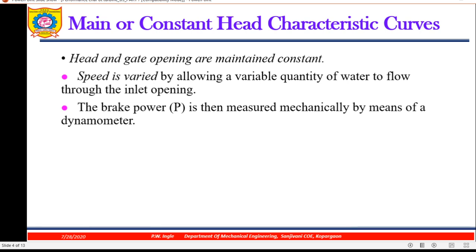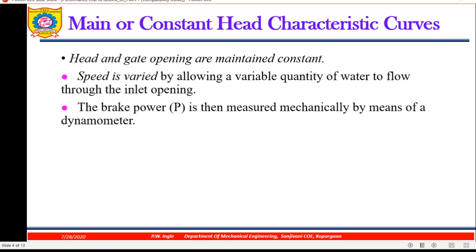So if you maintain 25% opening, then only 25% discharge of water is entering the turbine, and then you go on adding load from 0 kg to 10 kg or any kg. That is nothing but variable speed, because on addition of load the speed varies, and then you have to conduct the trial.